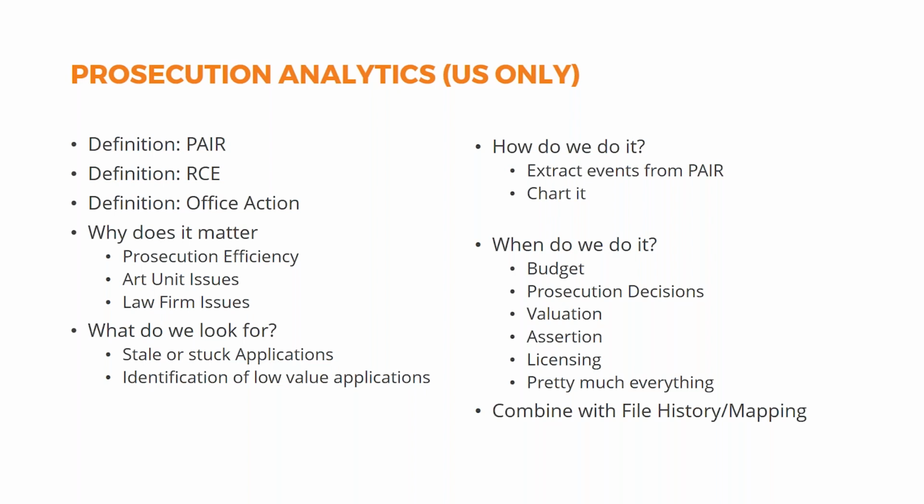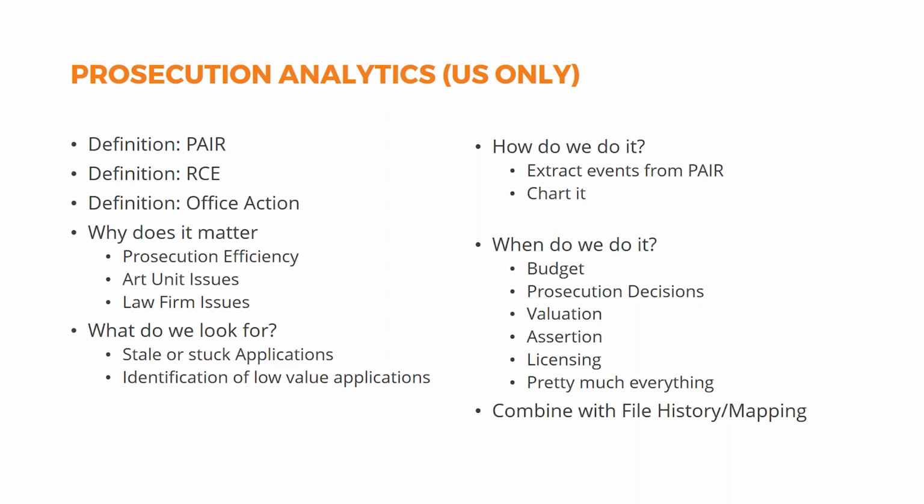RCE, request for continuing examination, is a second bite of the apple, if you will, in review of a patent application. Generally, you get two office actions. If you don't get an allowance in the first two office actions, you can now file a request for examination.